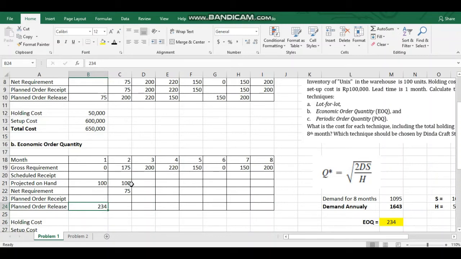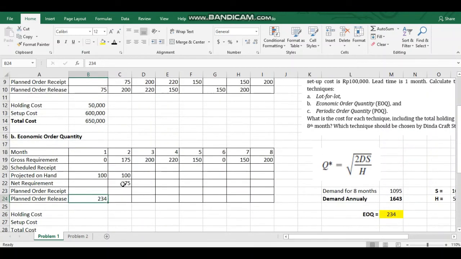We order 1 month before, and it arrives here in the second month. So to fulfill this requirement of 175 units, we use our inventory of 100 units, and the remaining 75 units using this planned order receipt that we have in the second month.